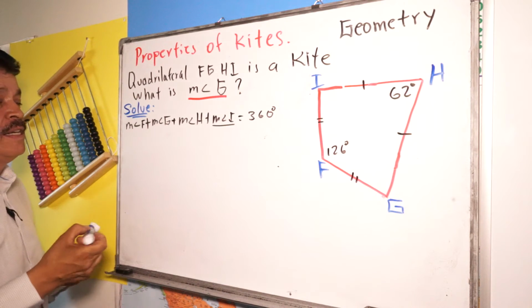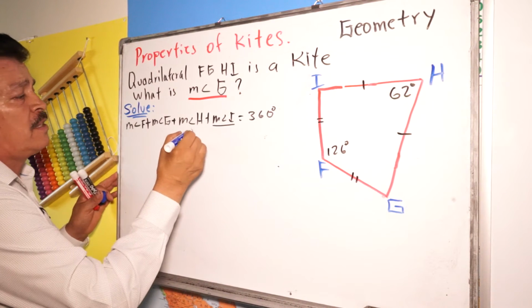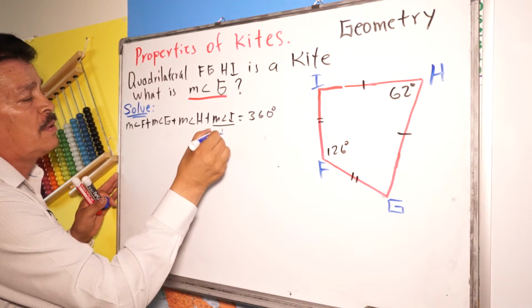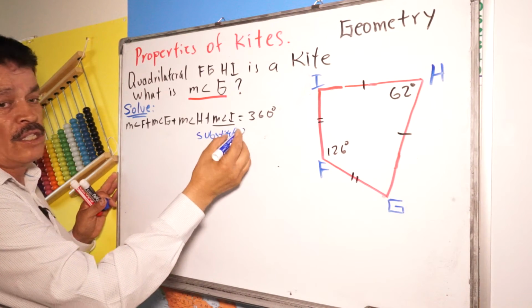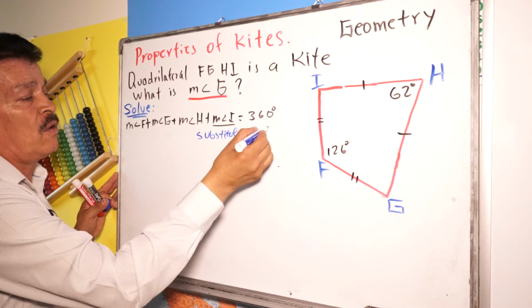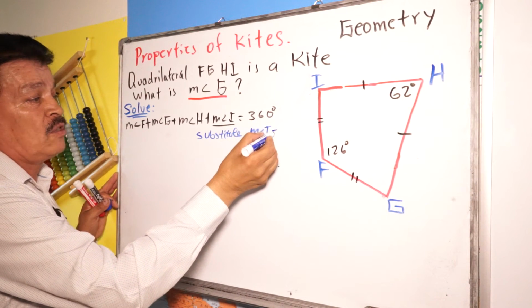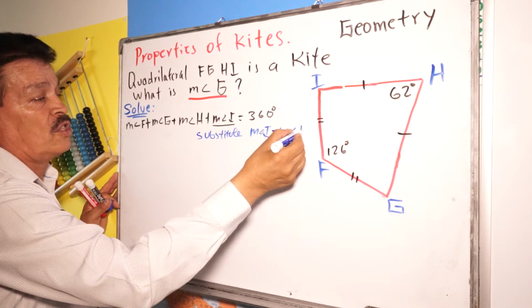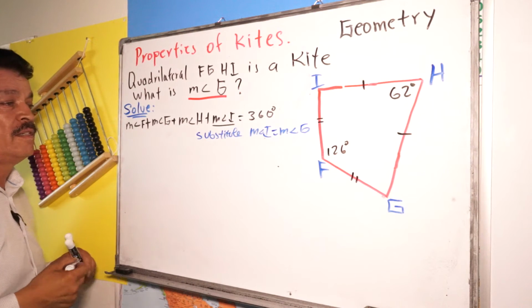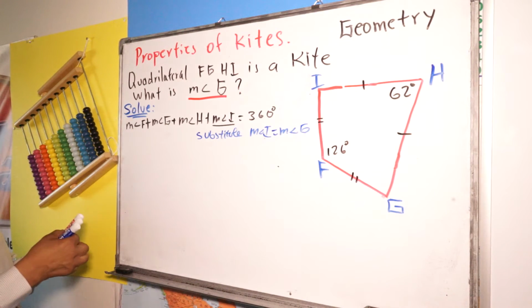Here, substitute the measure of angle I equals the measure of angle G.